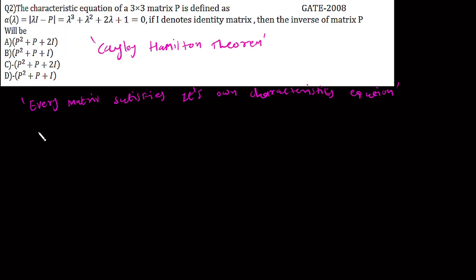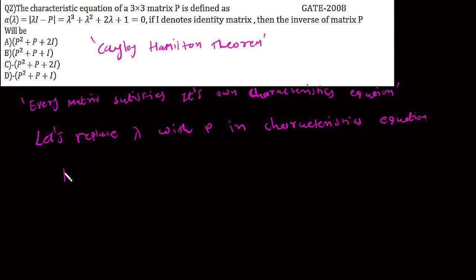So let's replace lambda with P in the characteristic equation. So now I can write: P to the 3 plus P square plus 2 times P plus 1.